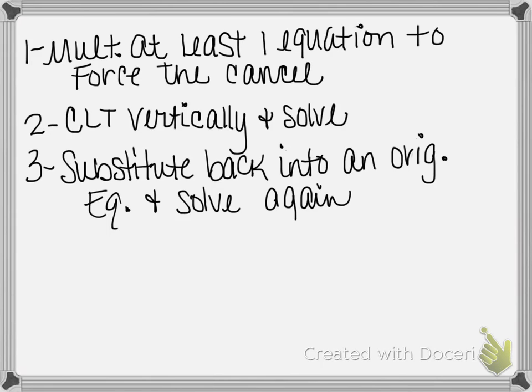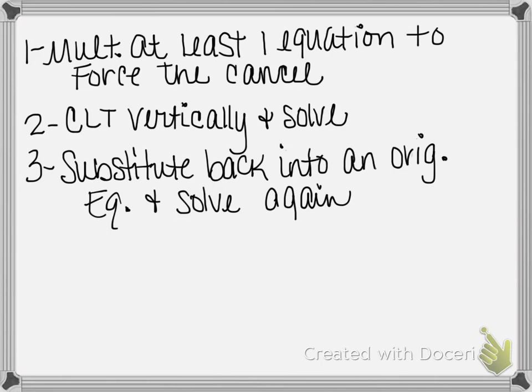Okay, so here are your 3 steps. The last 2 steps are exactly what we did last time with basic elimination. But what changes is the first step. We need to multiply one or sometimes both of the equations by something in order to force the cancel.